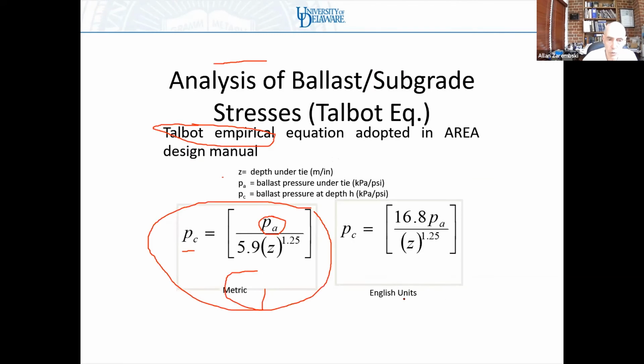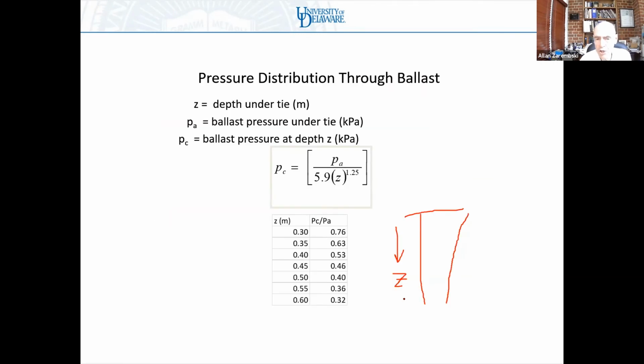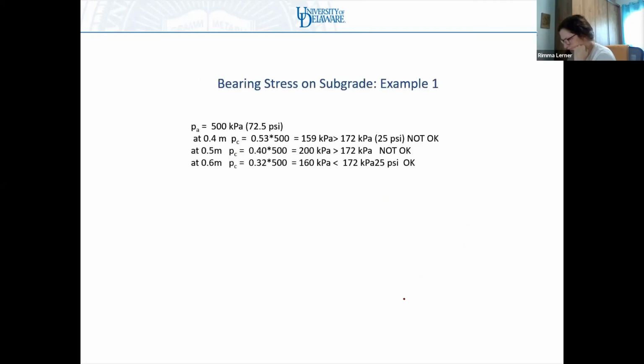This equation was developed for generally good ballast. So this is usually good for a good ballast layer, which probably has really a 1 to 1.5 type of ratio, but it's a good intermediate type of ballast condition. Okay.